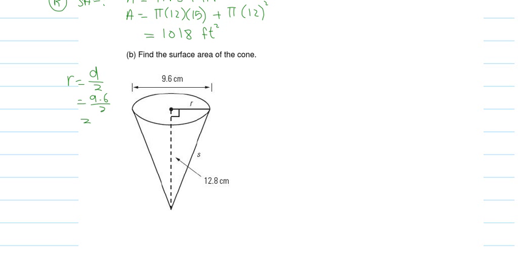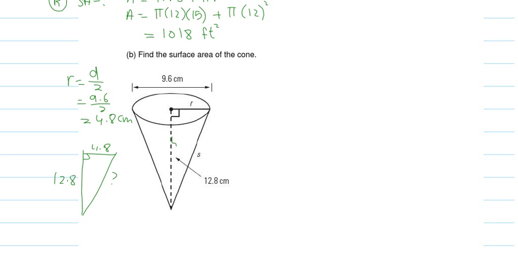Since I'm given the height and I want to find the slant height, what do I do? I have this triangle. I know that this is 12.8, and I know that this is 4.8, and I need to find this. Pythagorean theorem. Told you, you're not going to get rid of it.